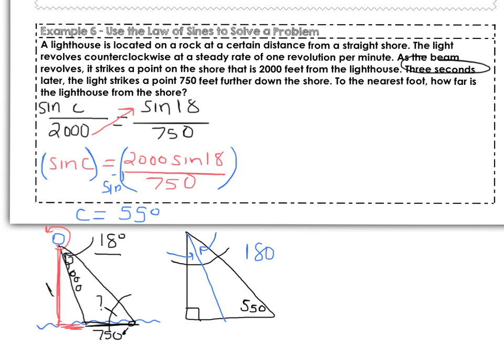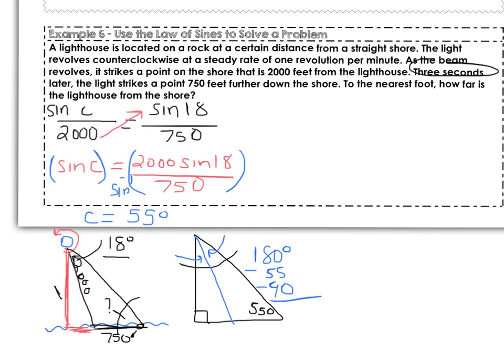So our total angle, 180 minus 55 minus 90, gets me an overall angle of 35 degrees. Okay, so the whole thing is 35 degrees, but we already know that that little piece in there was 18 degrees. So this little piece is 18, and so that means this other piece in here is 17 degrees, because the whole angle was 35 degrees.